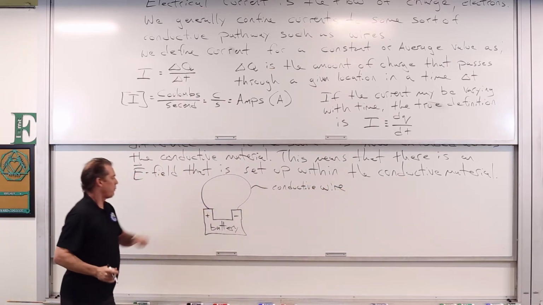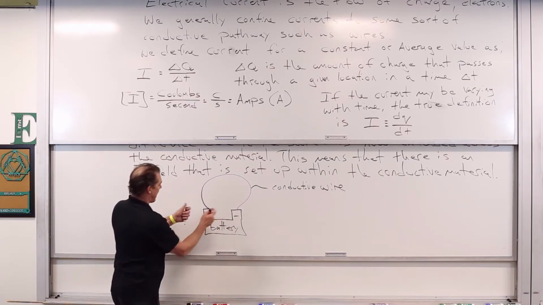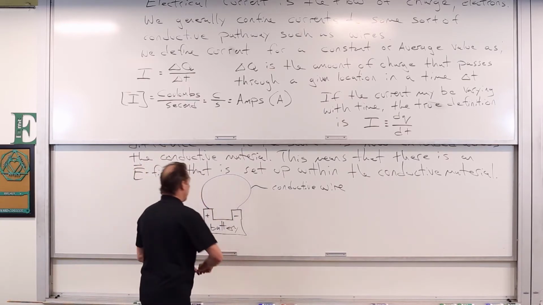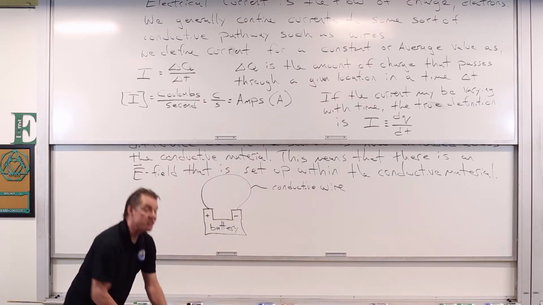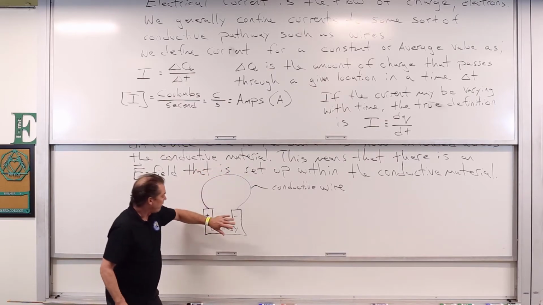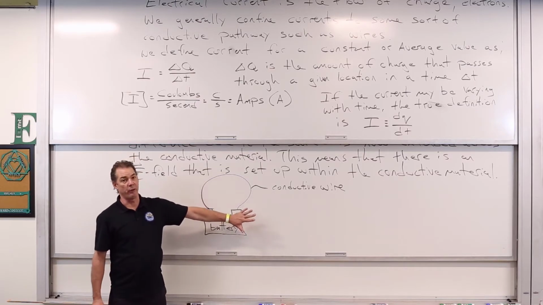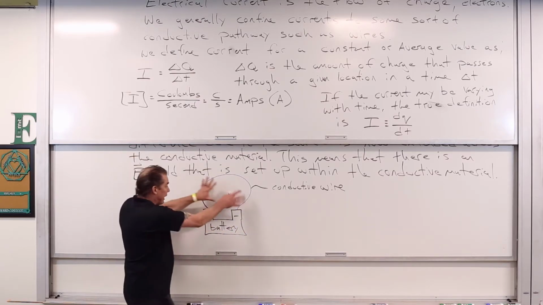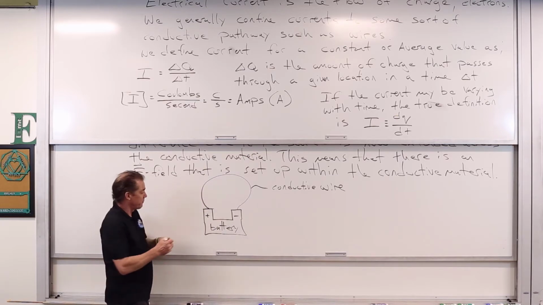And what happens? The second that we connect it to both sides of the terminal, the electrons start moving. The conduction electrons that are within the wire already. So the electrons aren't coming from this battery. The battery is the source of potential difference.